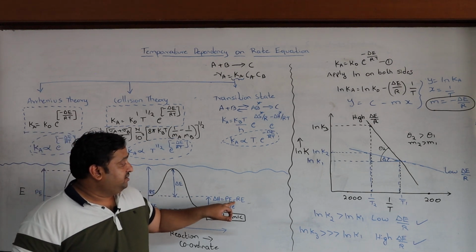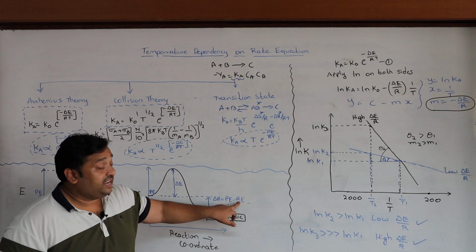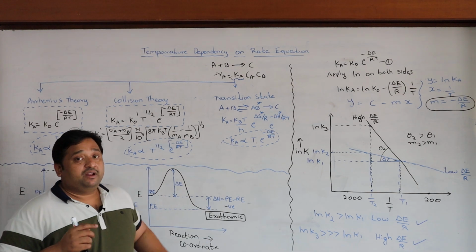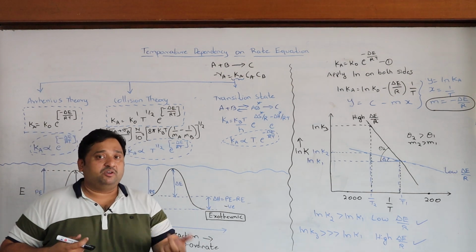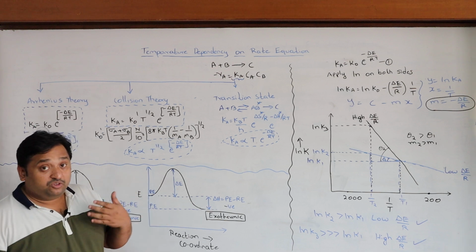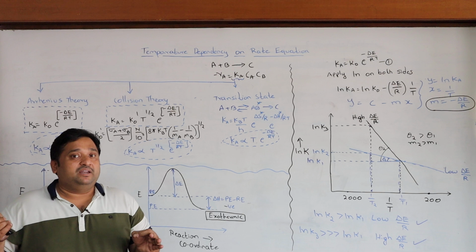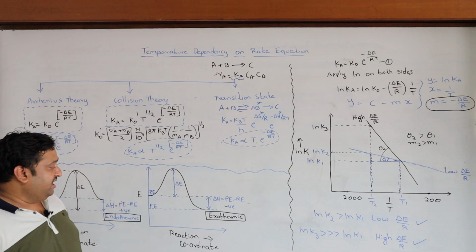Why is this negative? Because the reactants energy is higher than the products energy. Whenever this is negative, there is heat that comes out of the system because of the reaction. So for those kinds of reactions where the heat energy is released, the systems are called exothermic reactions.